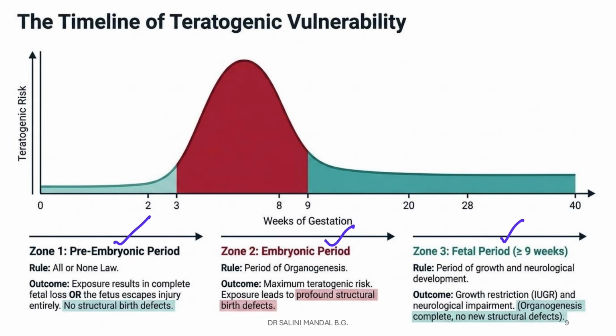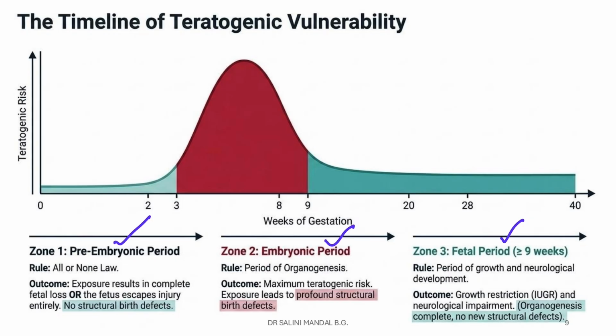Then comes zone 2, wherein there is a period of organogenesis. This is the time when any ill effects of teratogenic drugs or any exposure have the maximum risk, the embryonic period zone. So exposure leads to profound structural birth defects.